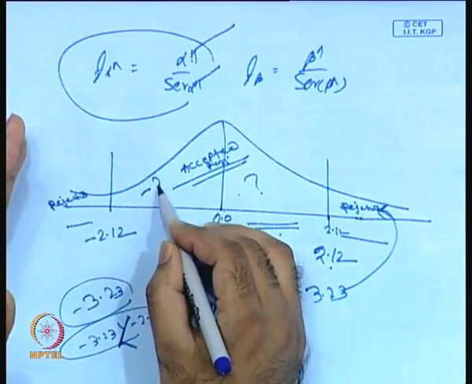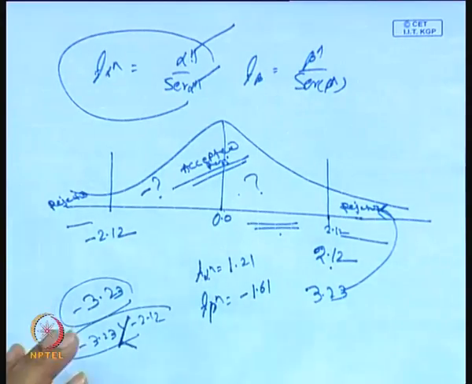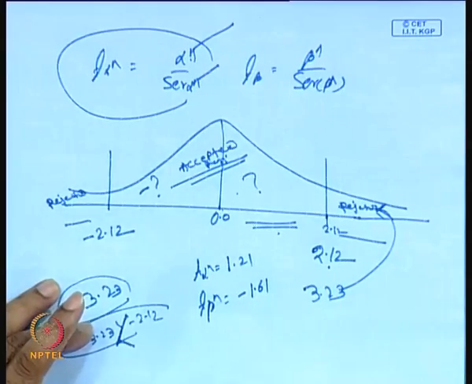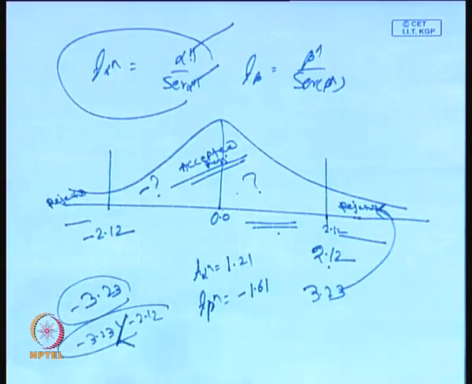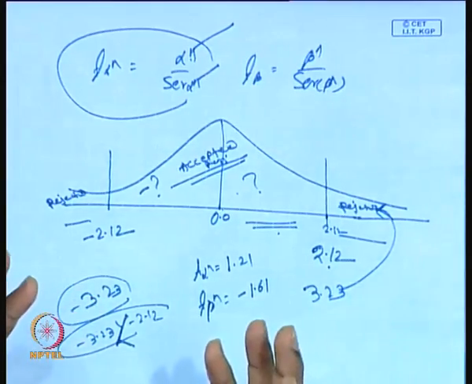It will be placed somewhere here, so it is still in the accepted region. So we are accepting the null hypothesis, and we are in a position to say that this particular statistic is not significant.